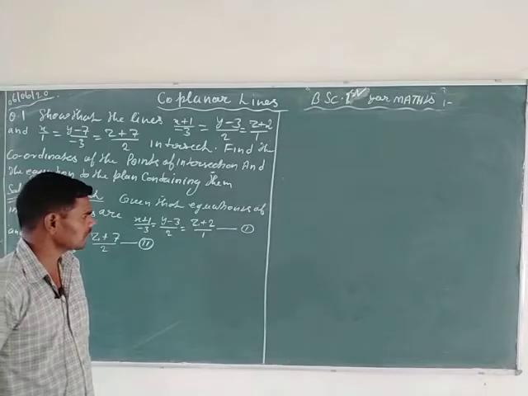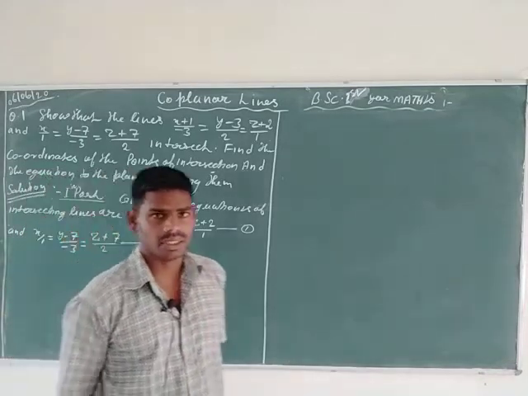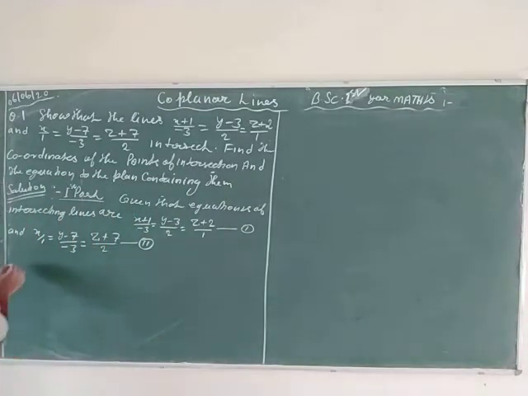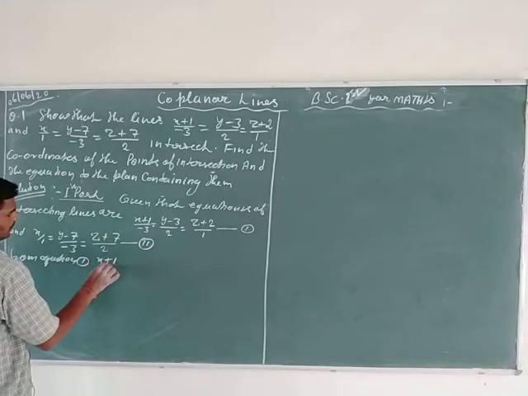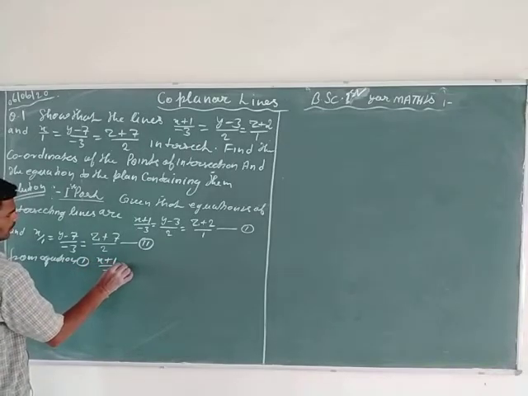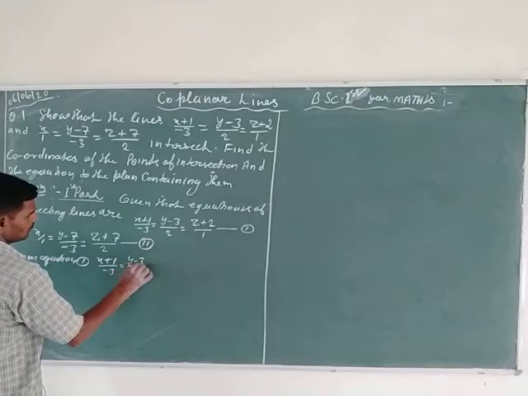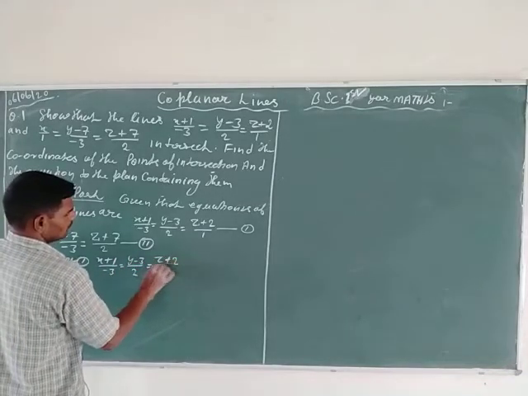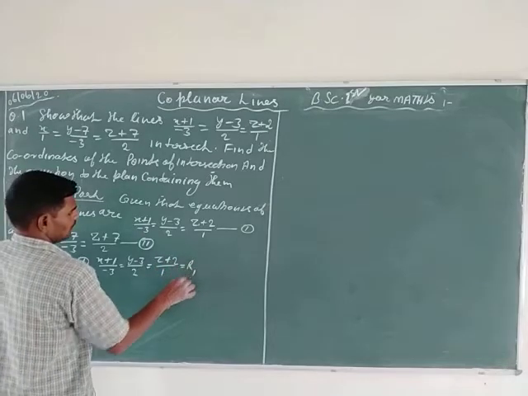For calculating the coordinates of the intersecting point, write from the first equation (x plus 1) by minus 3 is equal to (y minus 3) by 2 is equal to (z plus 2) by 1 is equal to r1.